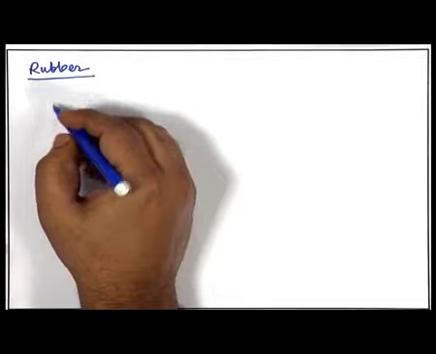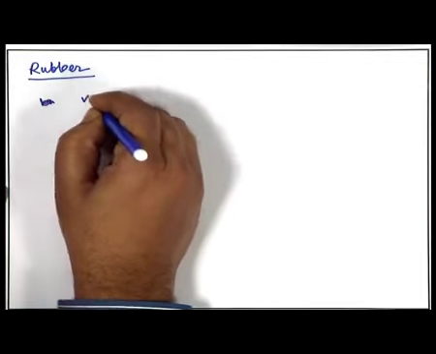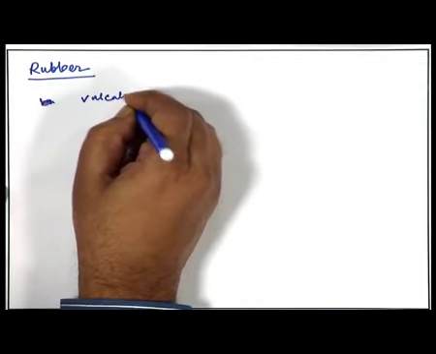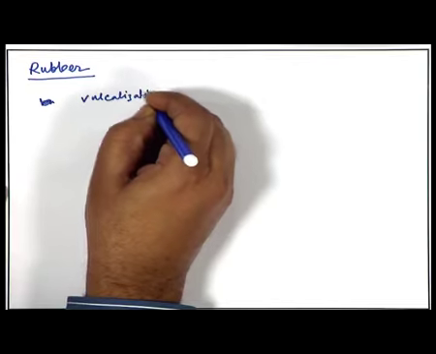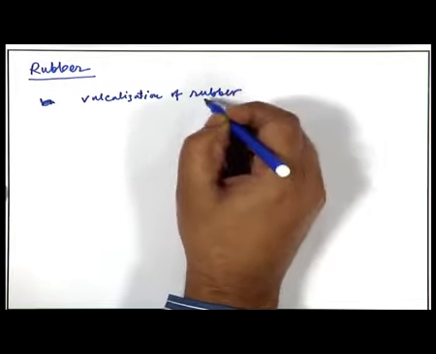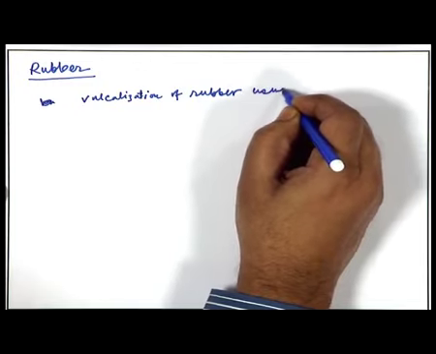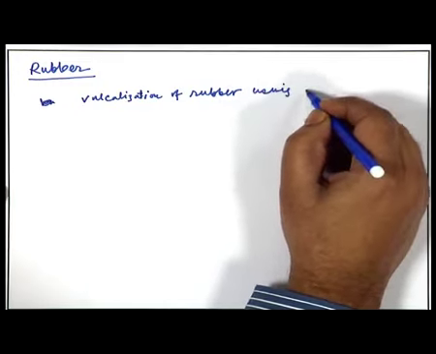So, in the 19th century, with the discovery of vulcanization, the application of rubber expanded in many areas. It was the discovery of vulcanization of rubber using sulfur.